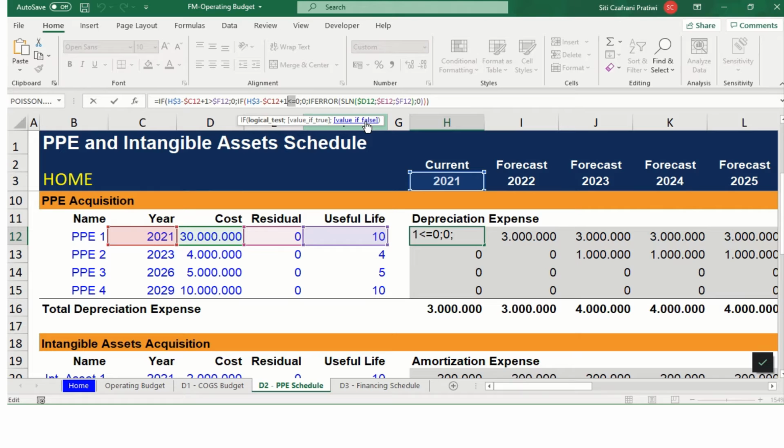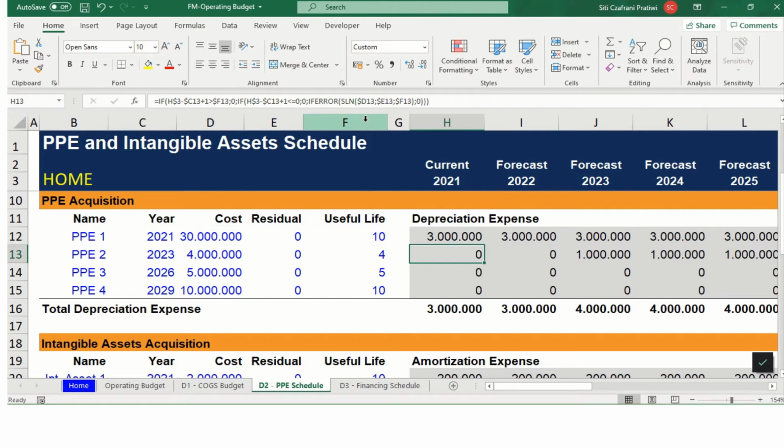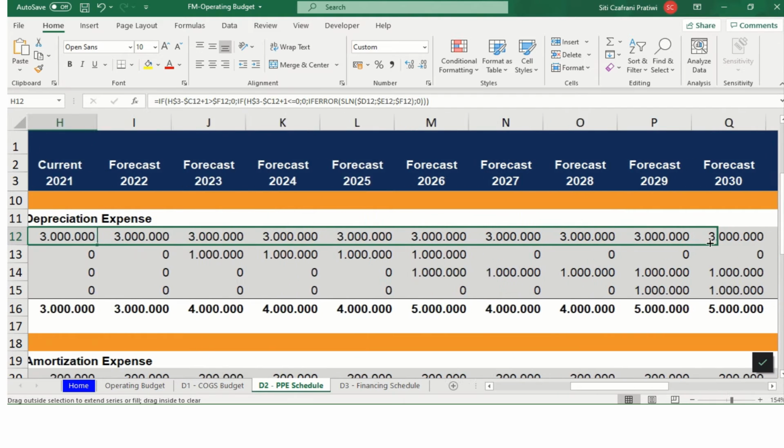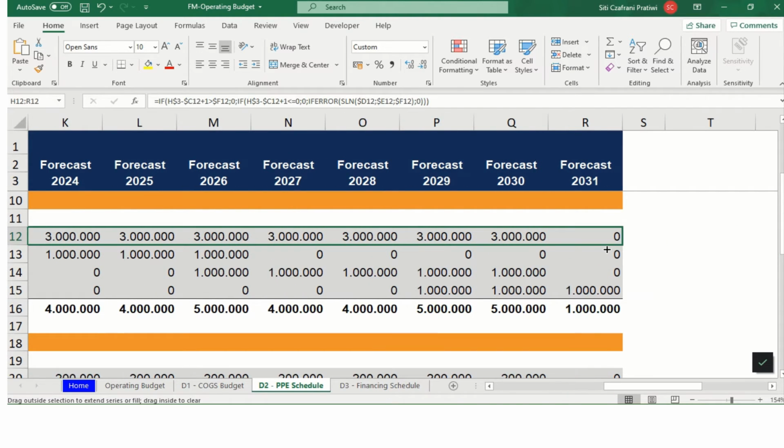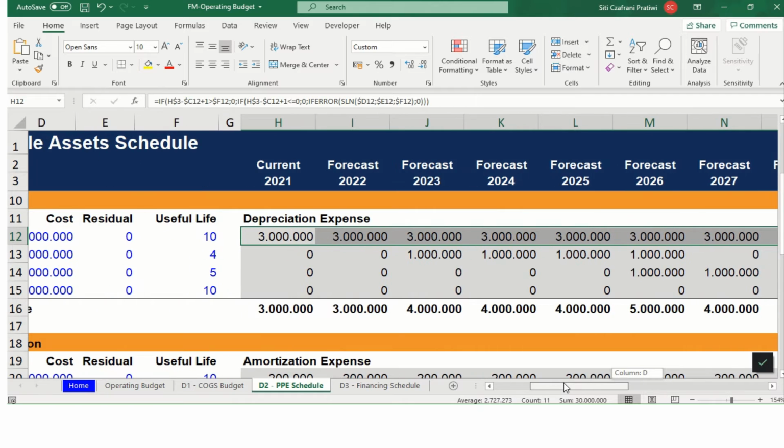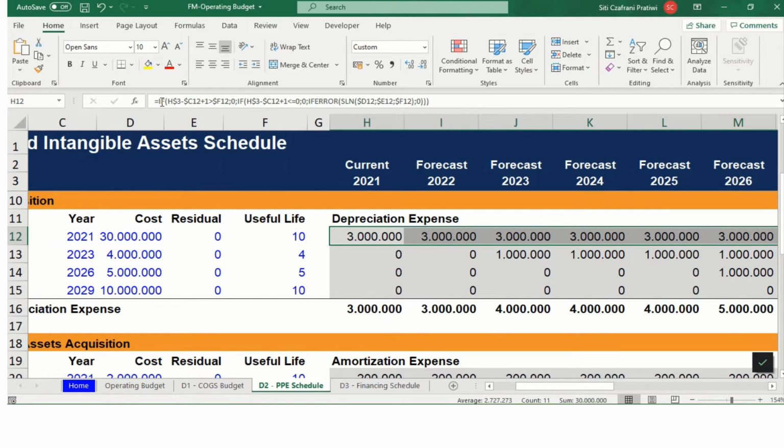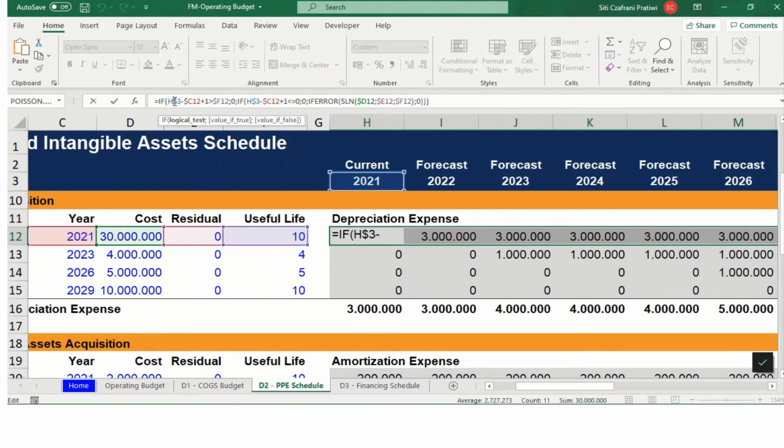So let's have a look at PPE number 2, for example, because PPE number 2 is purchased in year 2023. And its useful life is only 4 years. Because this formula is highly flexible, you could just drag it down, or you could just drag it horizontally. The formula is already very flexible, as long as you pay careful attention to the dollar signs, where I put them here.